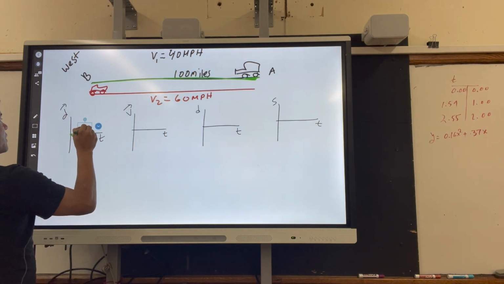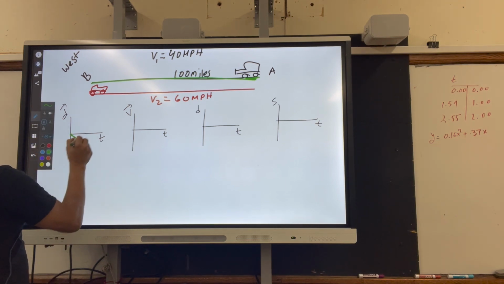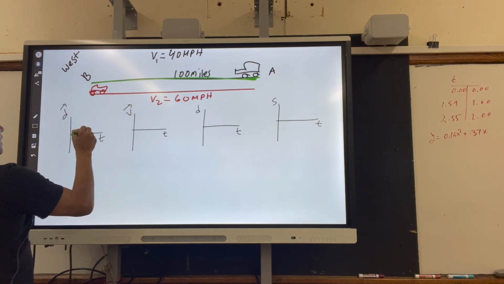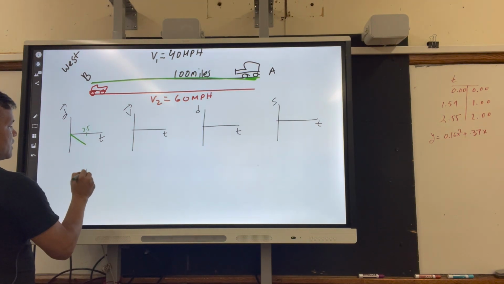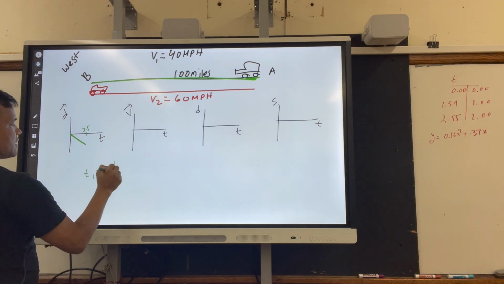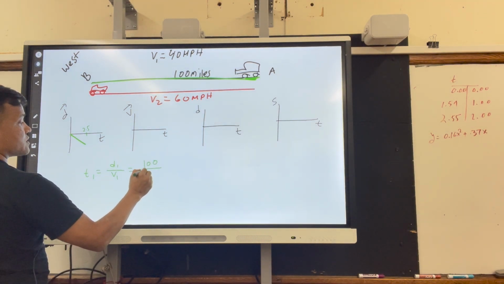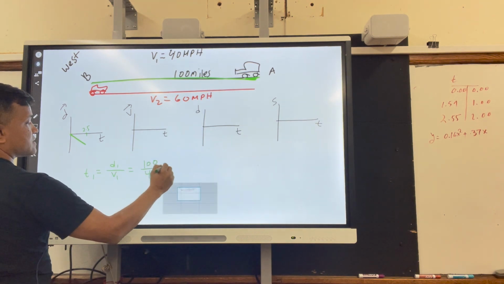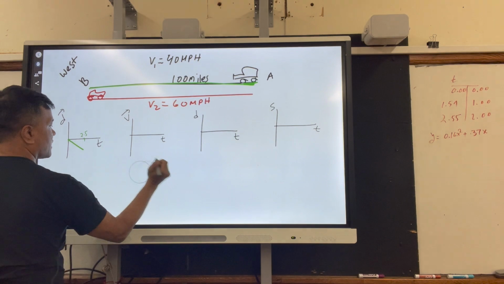How do I know it is 2.5? Time 1 is equal to distance 1 divided by velocity 1. Distance is 100, velocity 1 is 40. The zeros cancel, so it's 10 divided by 4, which is 2.5.